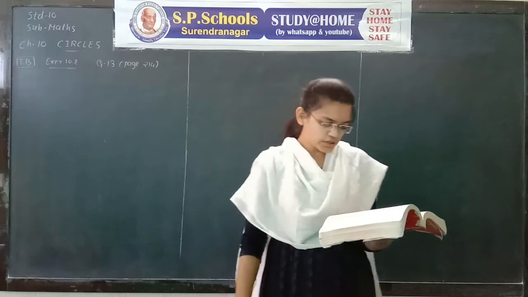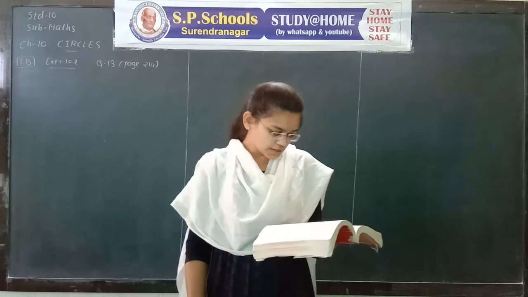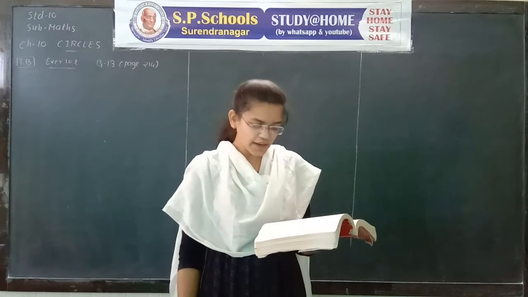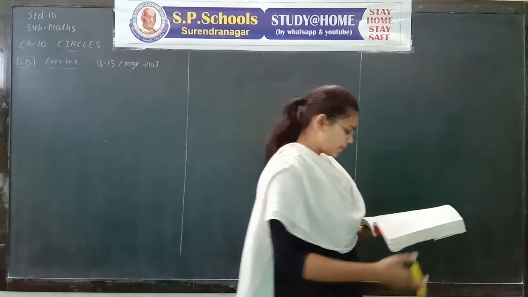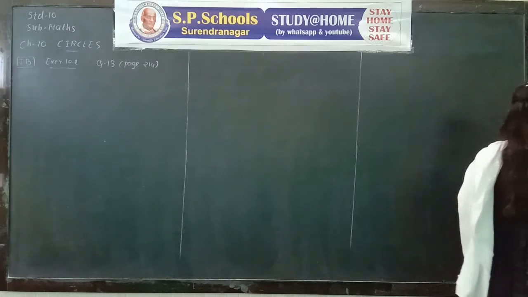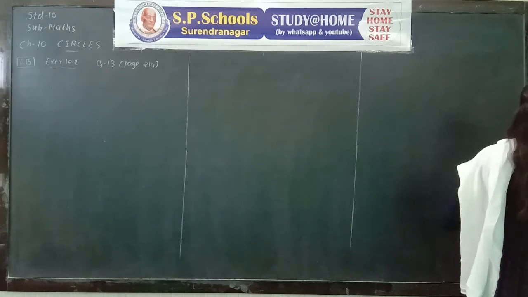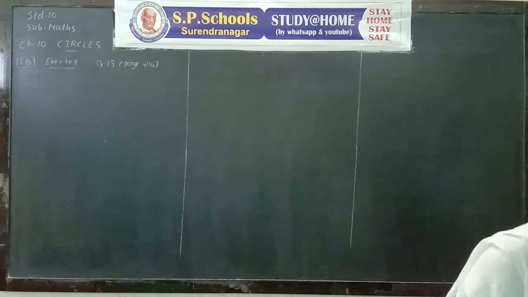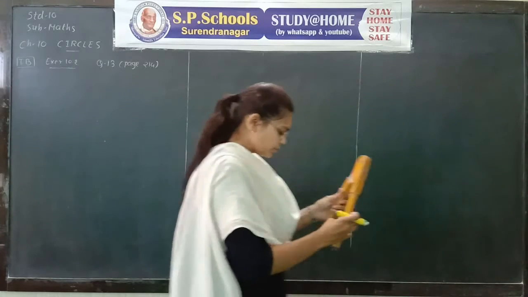See the question. Prove that opposite sides of a quadrilateral circumscribing a circle subtend supplementary angles at the center of the circle. For that we require a figure. First draw a circle. To draw a circle, use your rounder.